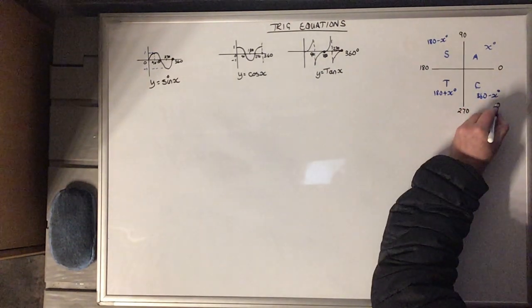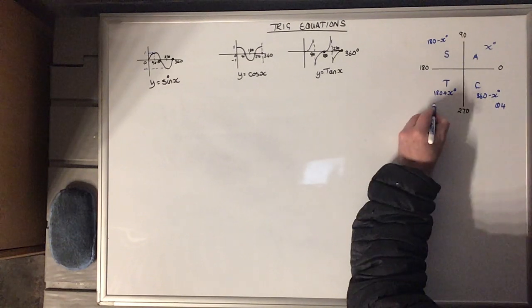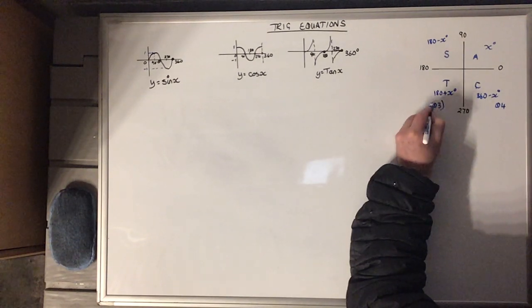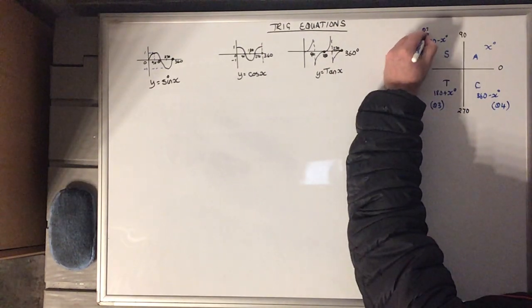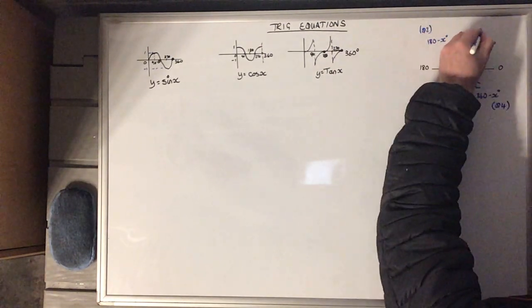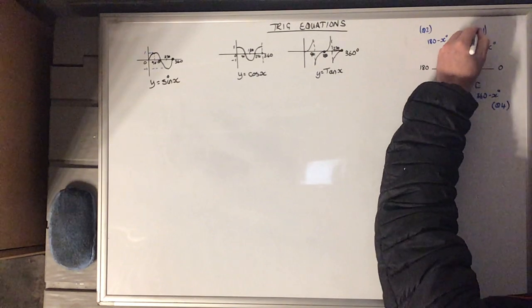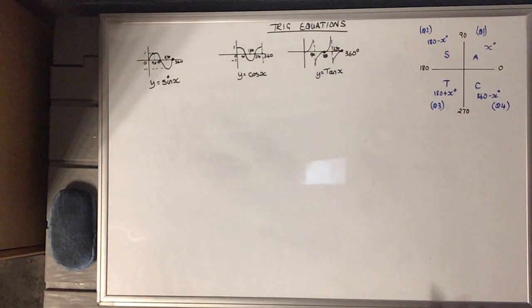I'm just going to call that Q4 for fourth quadrant, Q3 for third quadrant, put a wee bracket around it so we can see it, Q2 second quadrant, and the first quadrant, the principal value, because they're all positive in there.